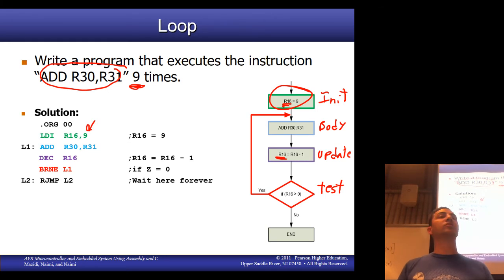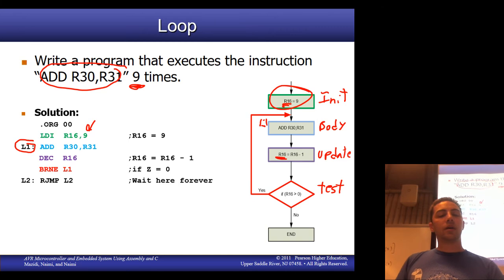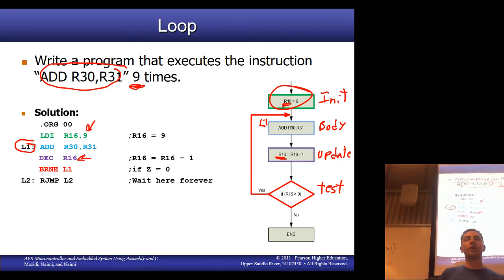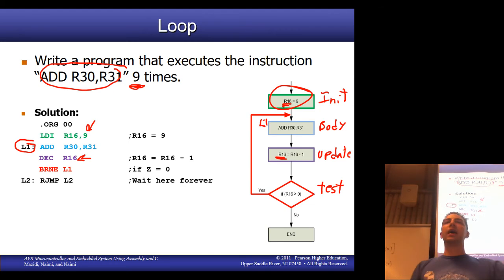We have to choose R16 to R31 because it's LDI. It's an immediate mode instruction. I put a label at the start of the body. My update for this is just decrement. So I load up a number 9 into a variable, and then each time through the loop, I decrement it.